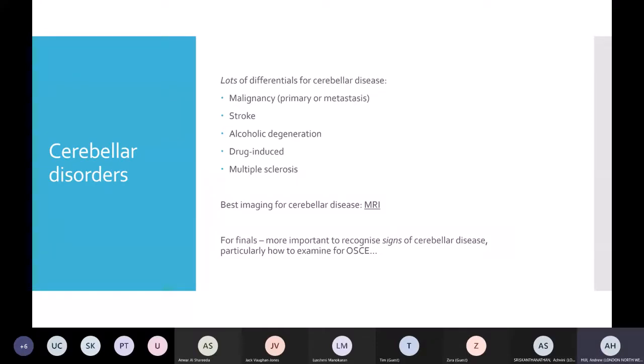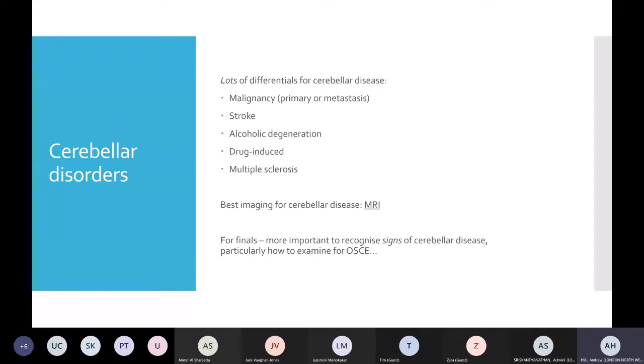Now, in terms of the way that I think you should approach them for finals or for your exams is to split them into the acquired and hereditary causes when you're asked to present them. Of course, the most common cause of cerebellar disease is alcoholic cerebellar degeneration, which I'm sure you've seen on your hospital placements already.